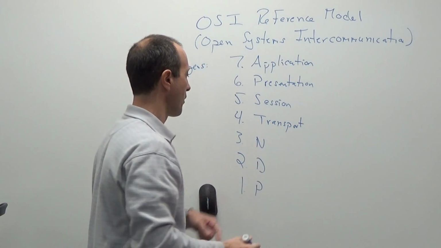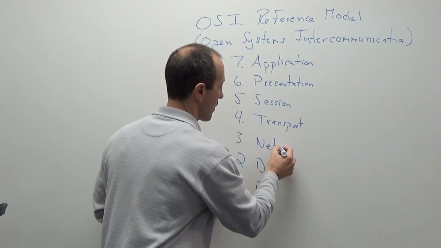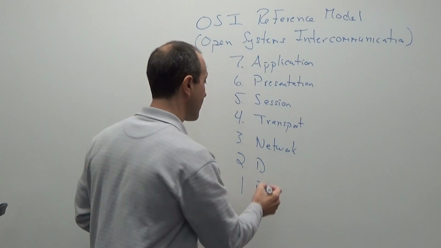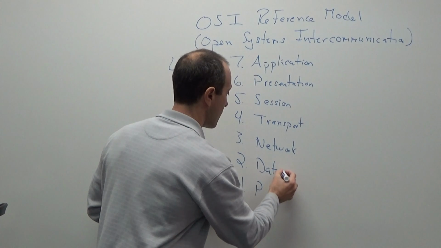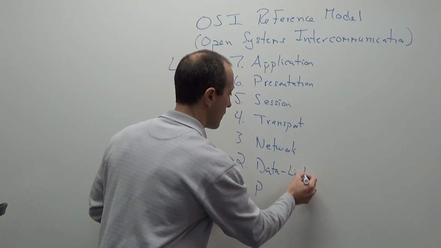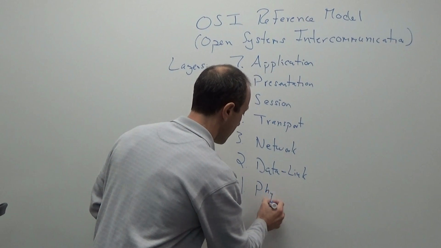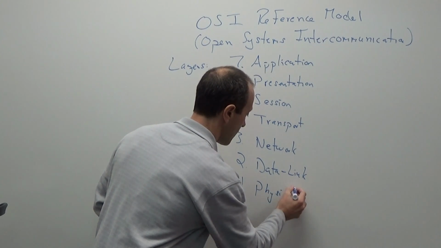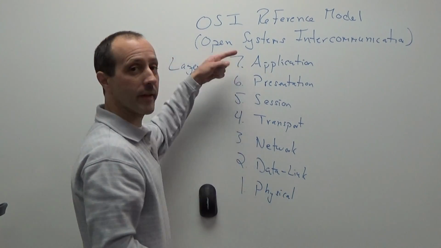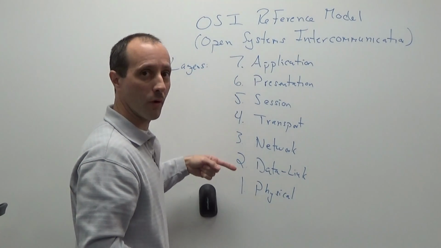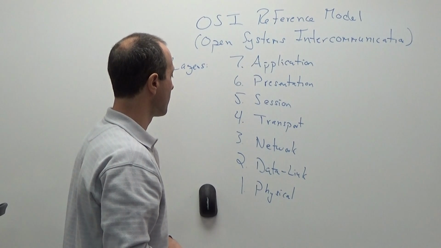Most of us are familiar with the N, it's the network. D stands for data link. And the P, the physical layer. Application, presentation, session, transport, network, data link, physical.